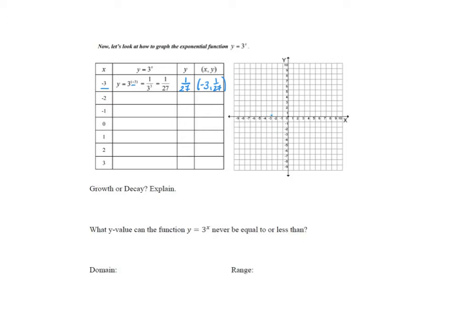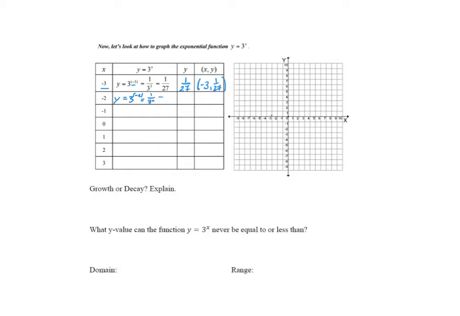All right, what happens when I plug -2 in? Repeating that same process, now I'm going to have y is equal to 3 raised to the exponent -2. I'm going to take the base and move it to the denominator. So that's going to give me 1 over 3 squared.